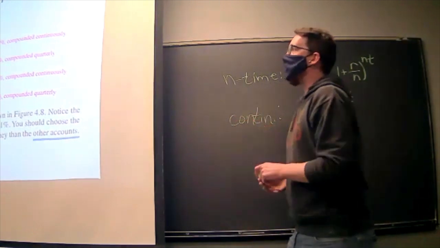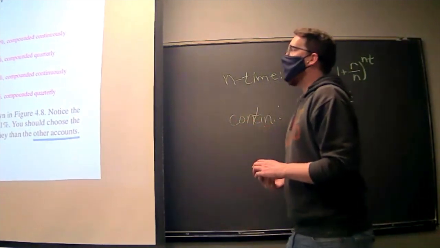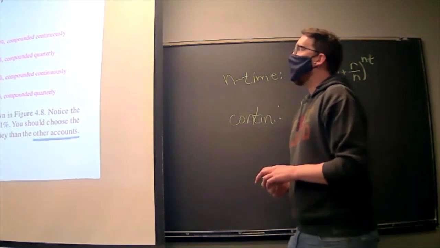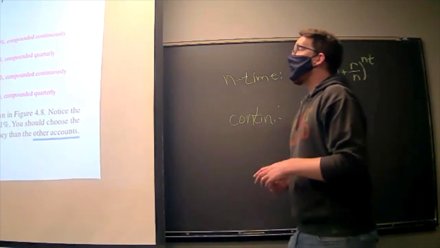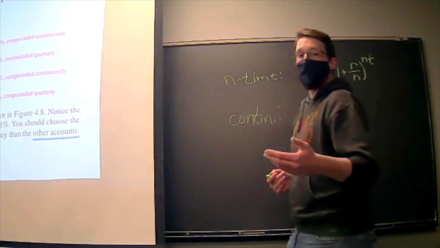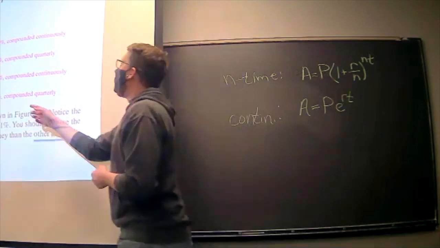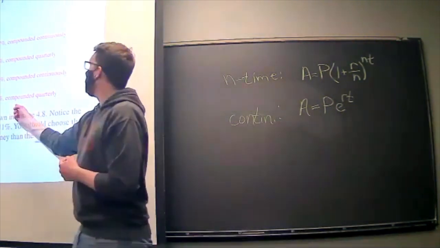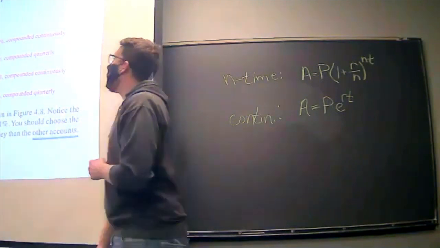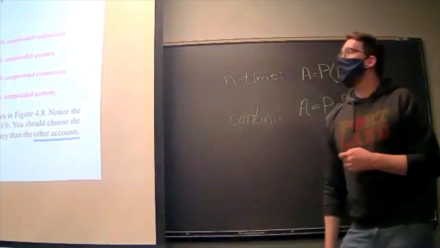So obviously, if we have a higher interest rate, more money will be incurred over time. And as n gets larger, more money will incur over time as well. And that's why, if you look at the quarterly compounding versus the continuously compounding, we find that continuous compounding interest incurs more money.